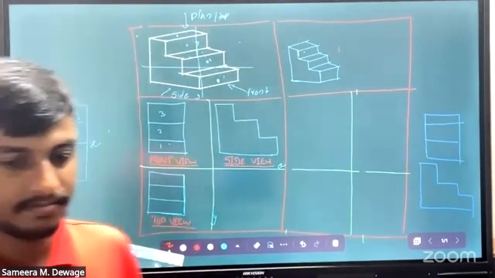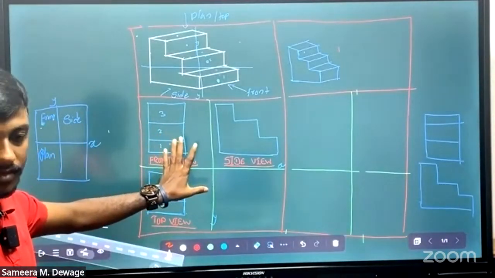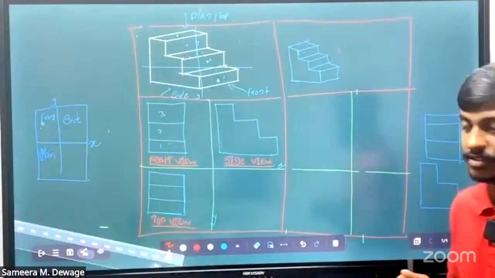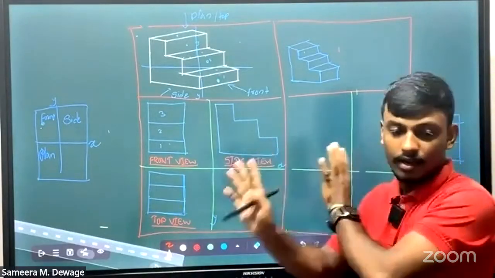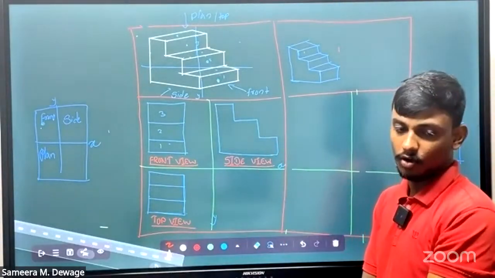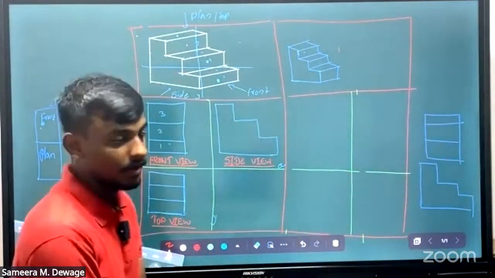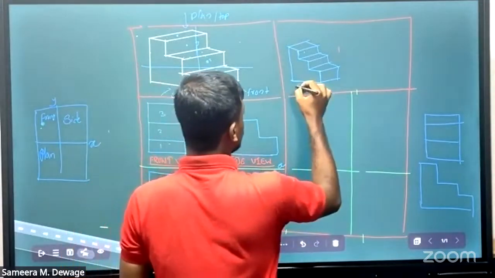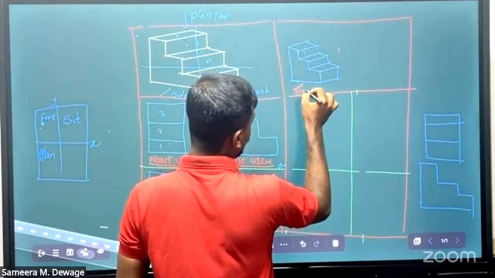Right. Okay. So now I'm going to change the direction. Change the direction means our front side and the side view. Now I'm going to change. Assume this is your front.